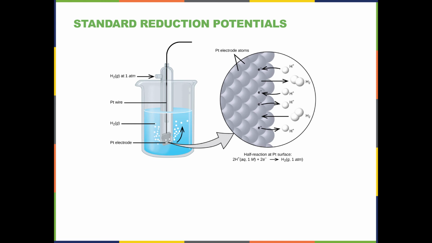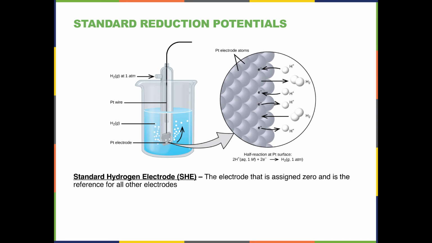So the reduction of hydrogen, it was decided that this would represent the standard electrode. So the standard hydrogen electrode is the electrode that was assigned the value of 0 and is the reference electrode for which the potentials for all other elements are determined.